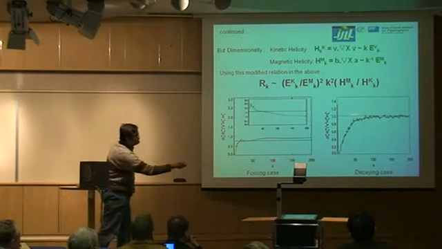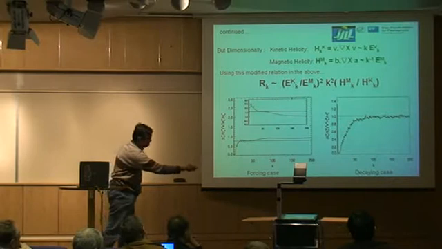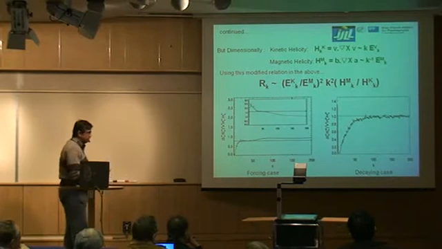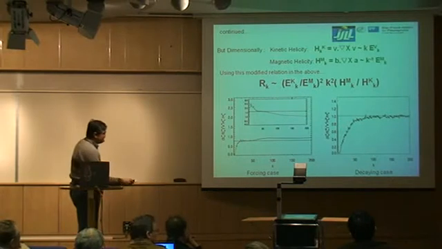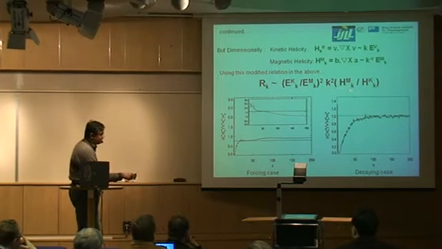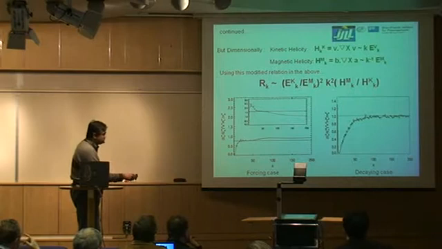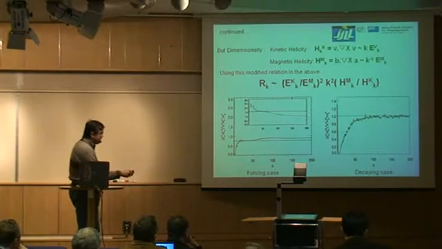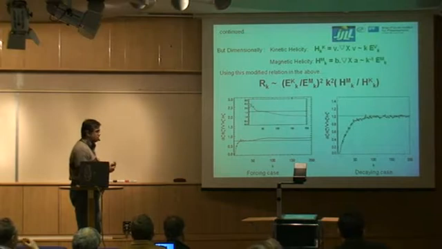And in the decaying case, it's almost flat. So probably now we can say that this is an interesting relation which represents the interaction of magnetic helicity and kinetic helicity in the spectral dynamics, which is allowing us to understand the structure formation and also several other behaviors.